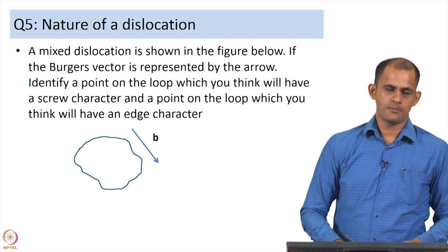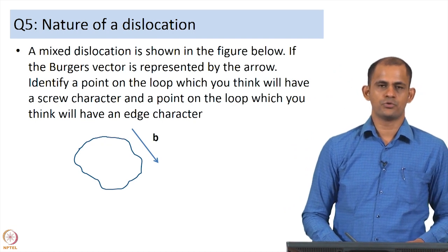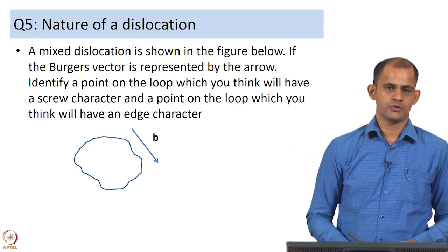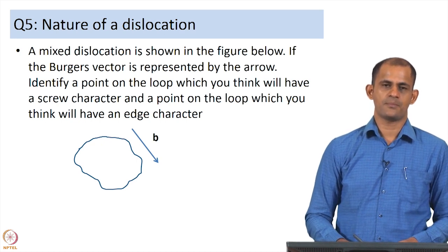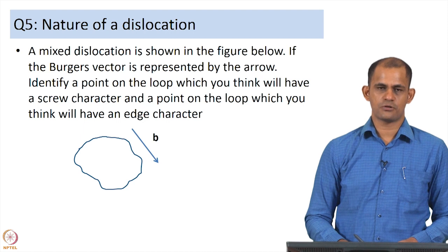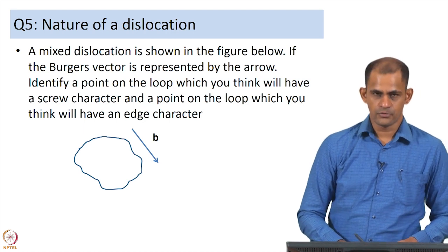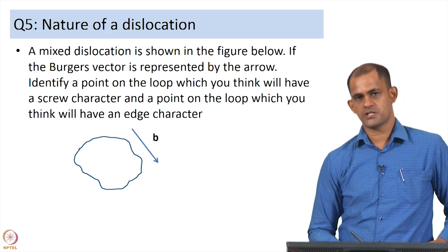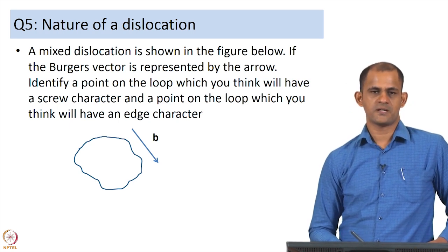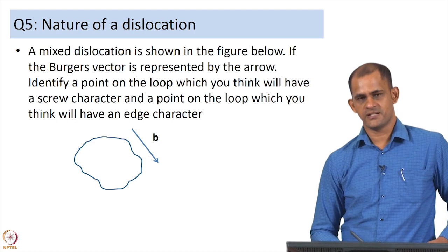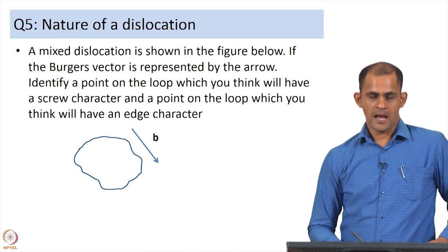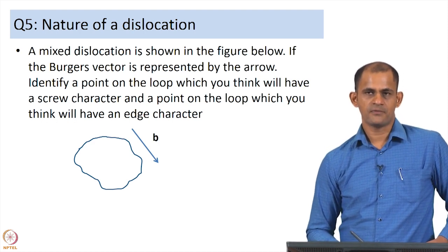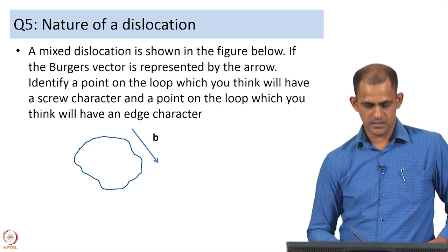For this you need to go back to the portion where I introduced dislocations. The characteristic of an edge dislocation is that the Burgers vector is perpendicular to the dislocation line, and a screw dislocation is one where the Burgers vector is parallel to the dislocation line.